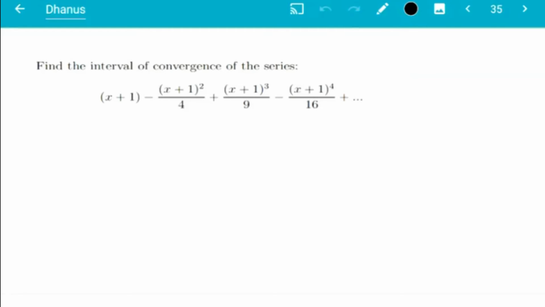Next we can learn something. We have to know the definition: interval of convergence of a series.